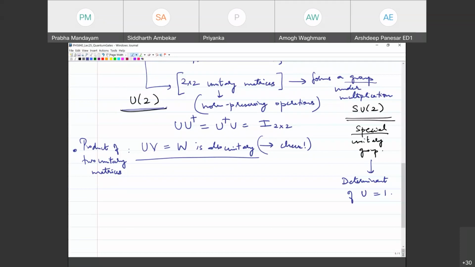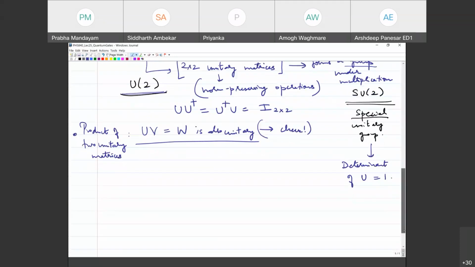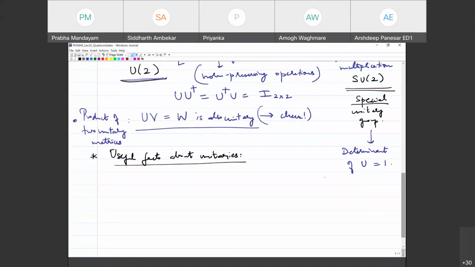So let's state some general facts about unitary matrices now before I jump to n qubits and all that. Some useful facts about unitary matrices. What can we say about their eigenvalues?